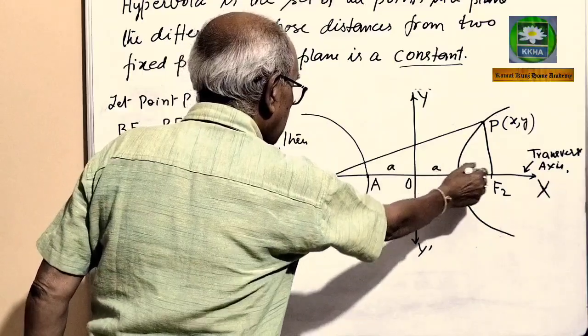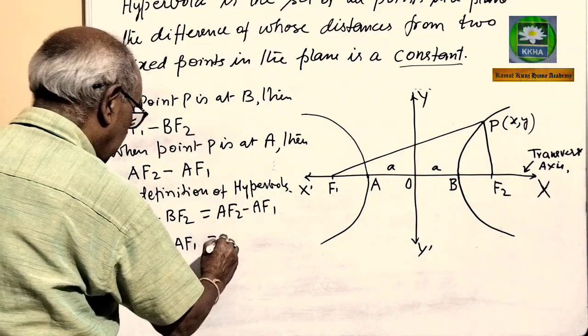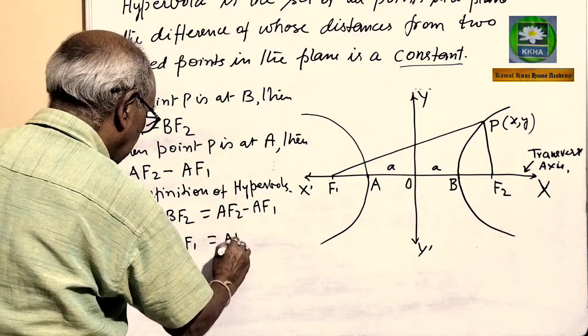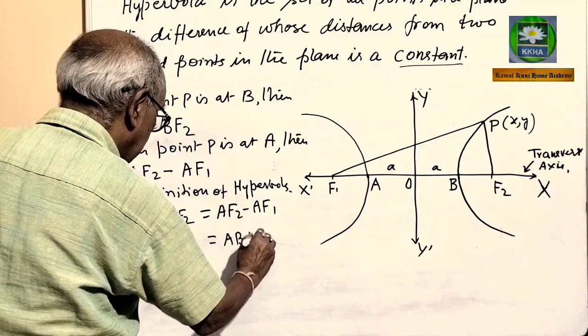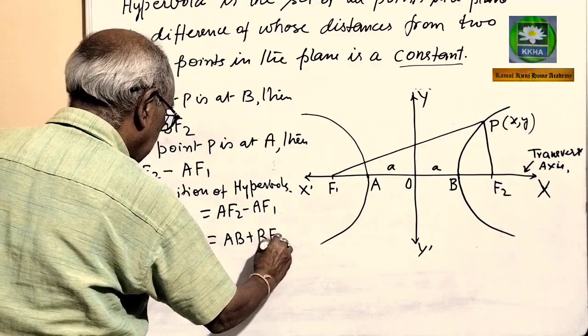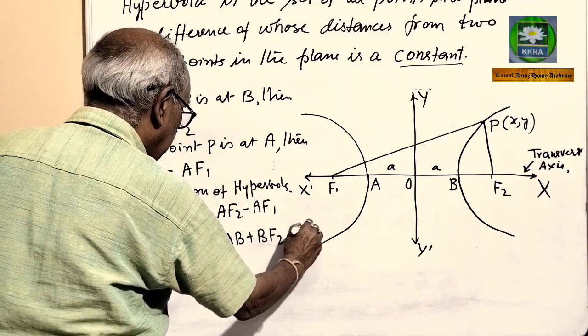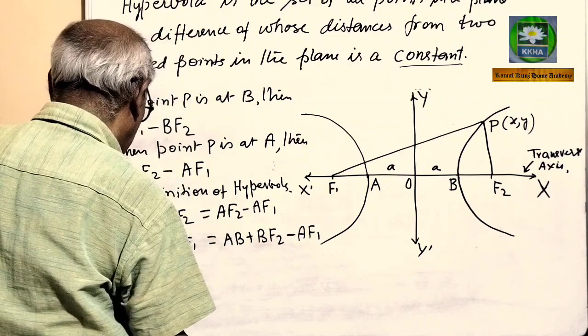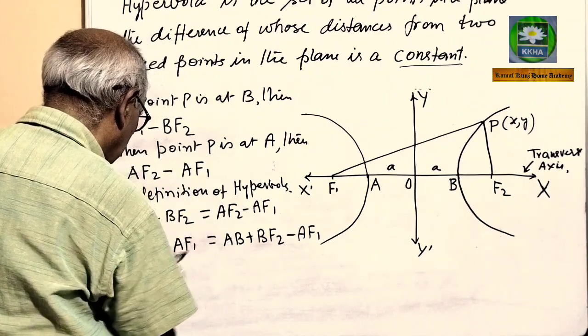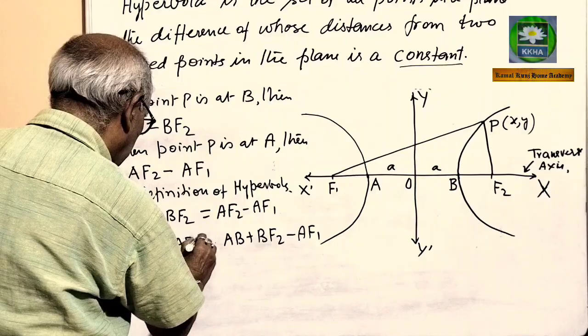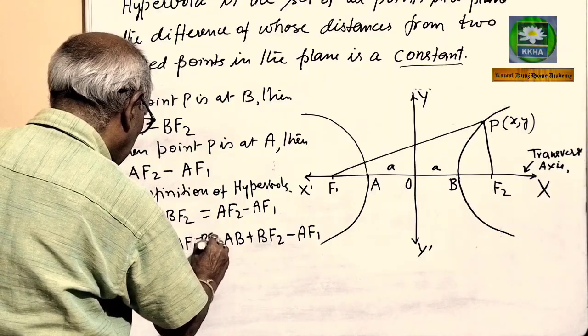AB plus BF2. So BA plus AF1 equals AB plus BF2 minus AF1... here, sorry, minus BF2.